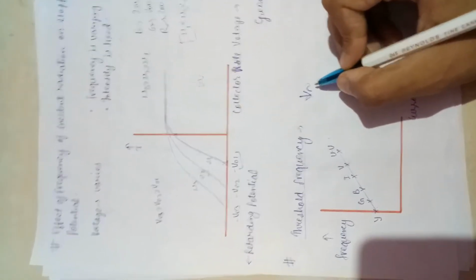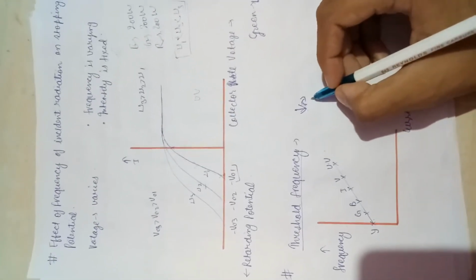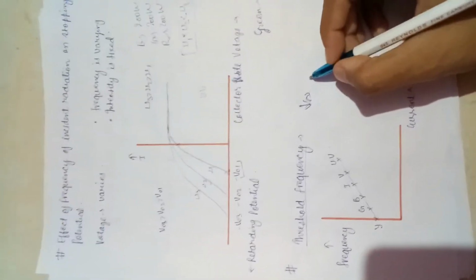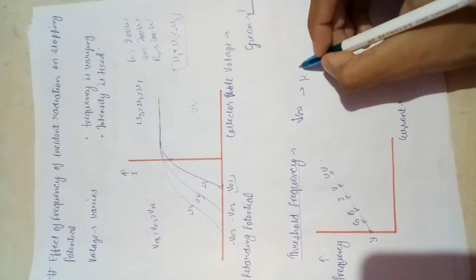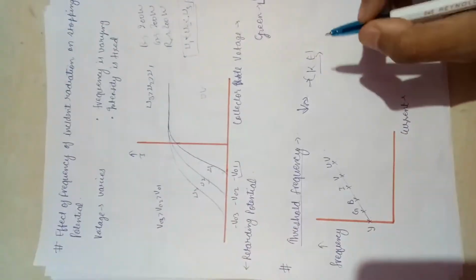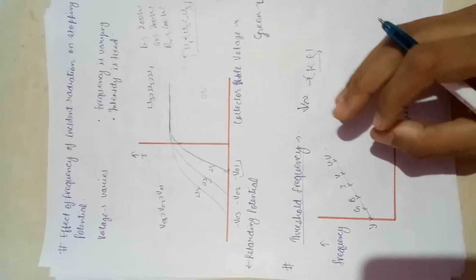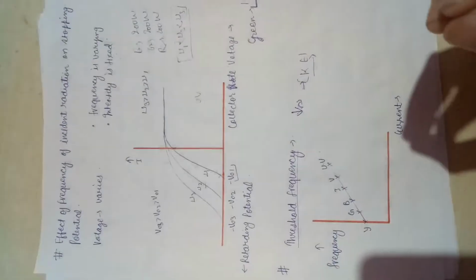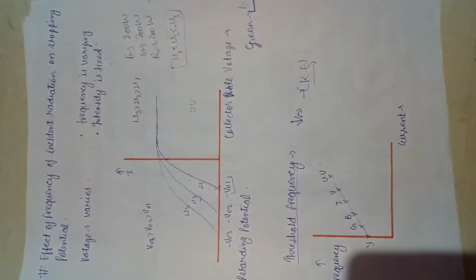The electron comes out of the surface, but it does not get any velocity or kinetic energy, no driving force to travel some distance. It just comes out of the surface. This minimum energy is known as threshold frequency.